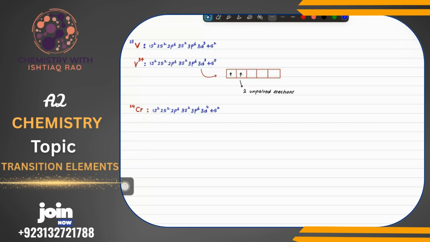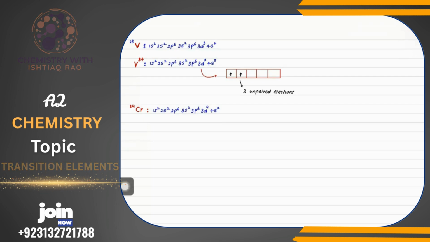Whether it has 10 electrons or 5 electrons, in both conditions it would be more stable, but right now it has only 4 electrons. 4 electrons means it's partially filled, which means it's unstable.